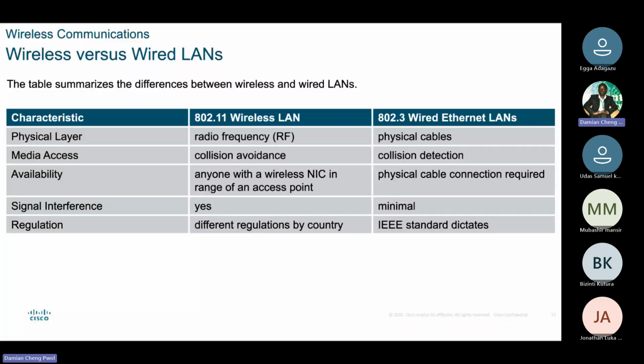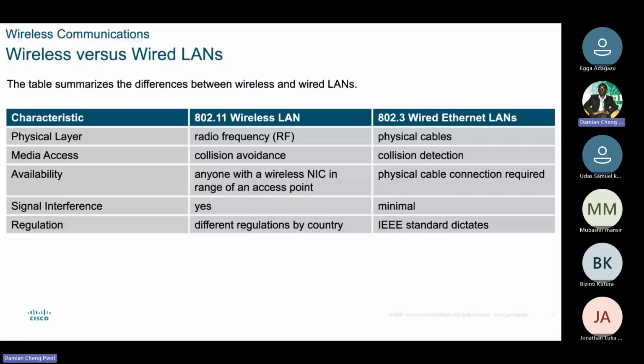Collision detection is when the moment there is colliding data within that same media, everyone is put in a waiting position. That also happens turn by turn. If the first system sends, it waits till the first system completes sending before the second system follows. That's collision detection for wired.